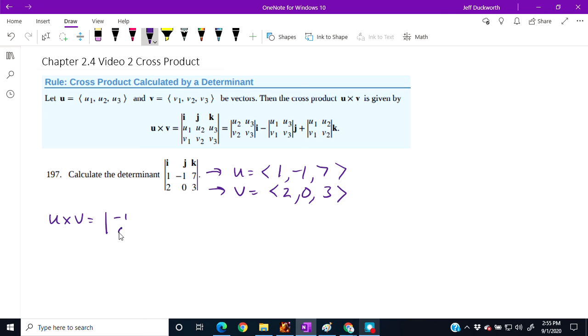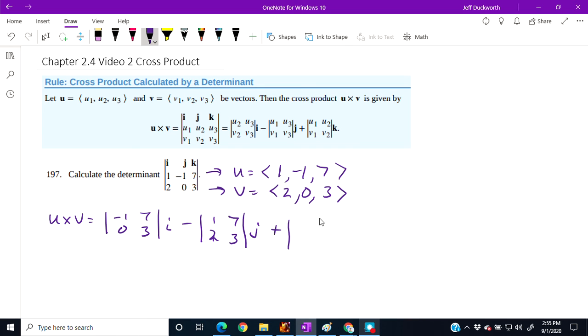so -1, 0, 7, and 3 times I. Subtract, looking at J, so it's the 1, 2, it's the first column, and then the third column is 7, 3. That's J. And then we add the third one.